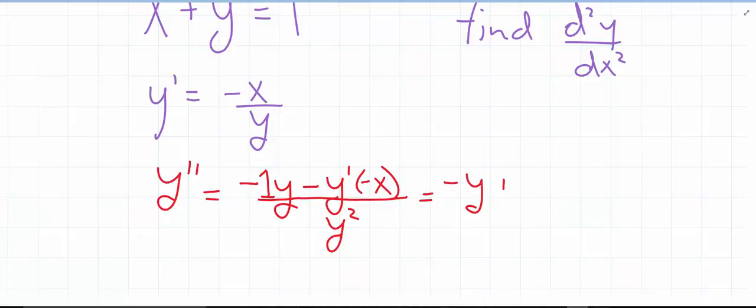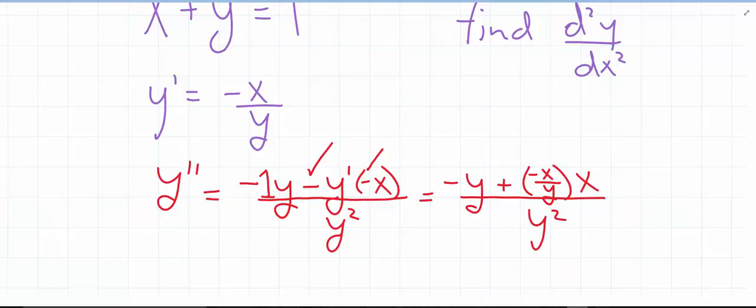Let me make this a plus. In place of y prime, I'm going to put -x over y. And then I've got this x here. Now notice, I used this negative and got a plus, but then I still have my derivative, which is negative, all over y squared.